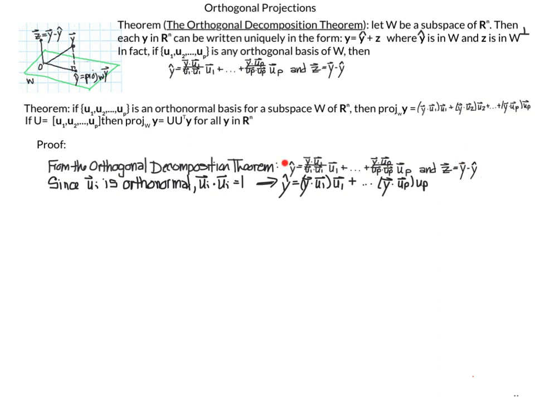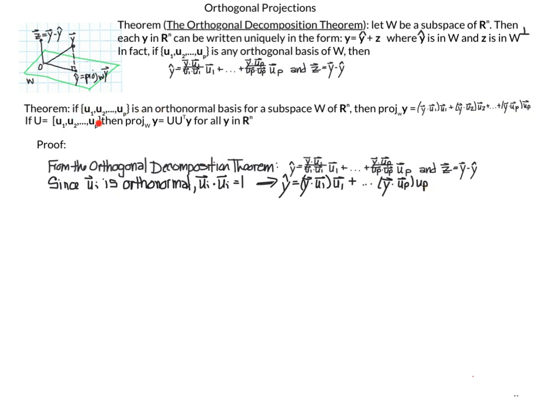Because here we have an orthonormal basis, we can simplify this a little bit. If it's orthonormal, that means Ui dot Ui is equal to 1, so we can say this is just divided by 1. So Y hat is equal to Y dot U1 times U1 up to Y dot UP times UP. Again, this is what Y hat looks like according to the orthogonal decomposition theorem.